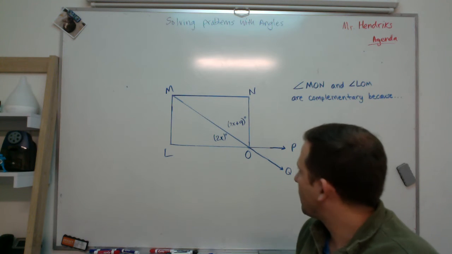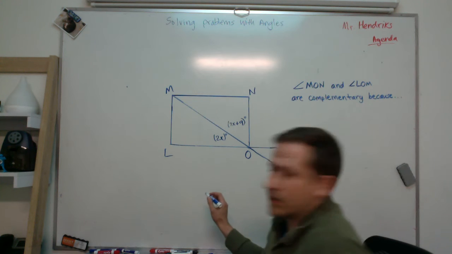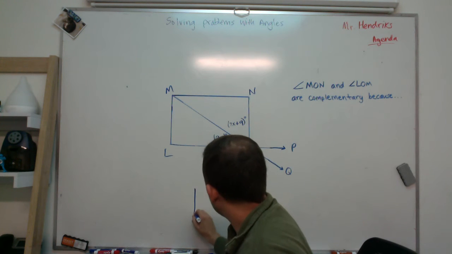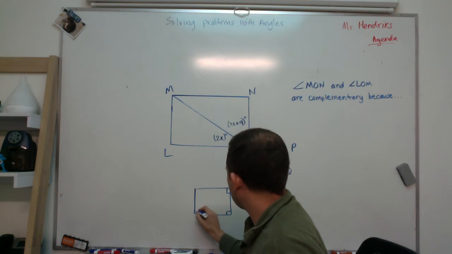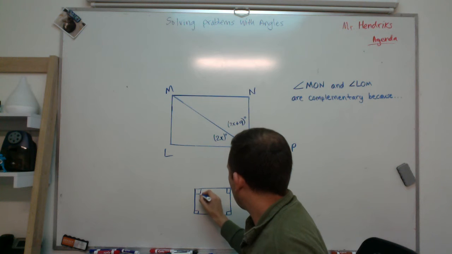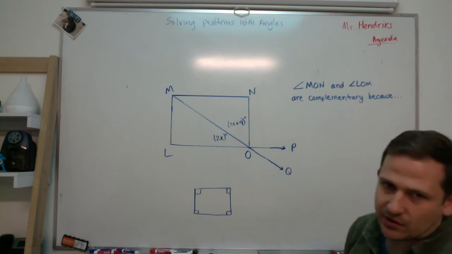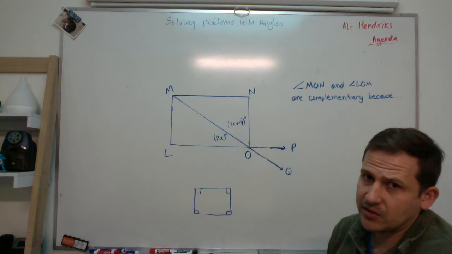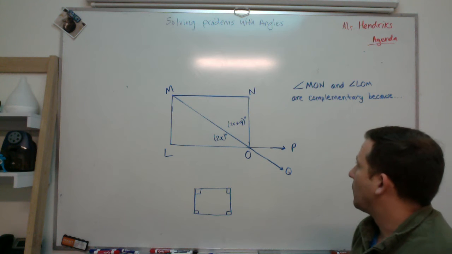So this problem involves a rectangle, and an important thing to remember about a rectangle is that all four corners create 90-degree angles. And we've learned a lot about what complementary means. Complementary means two angles equal 90 degrees.